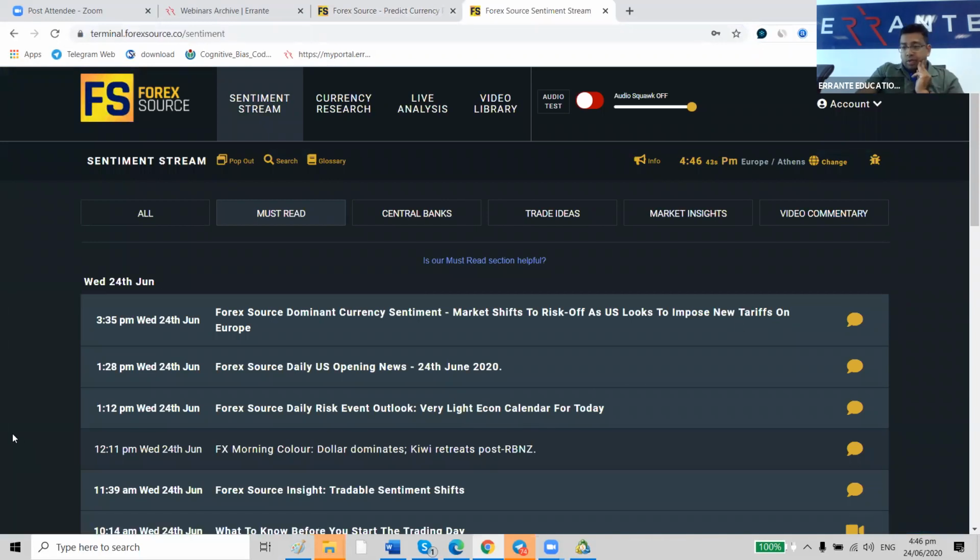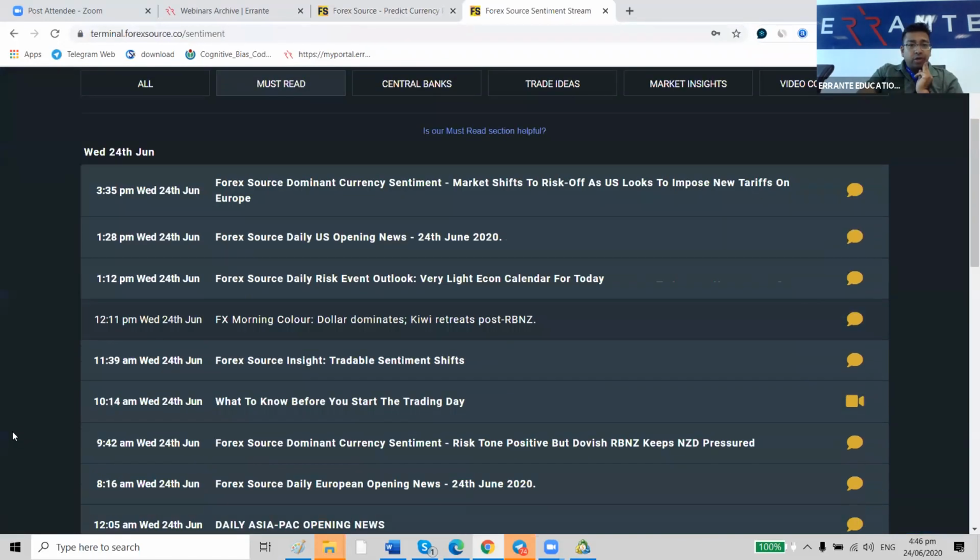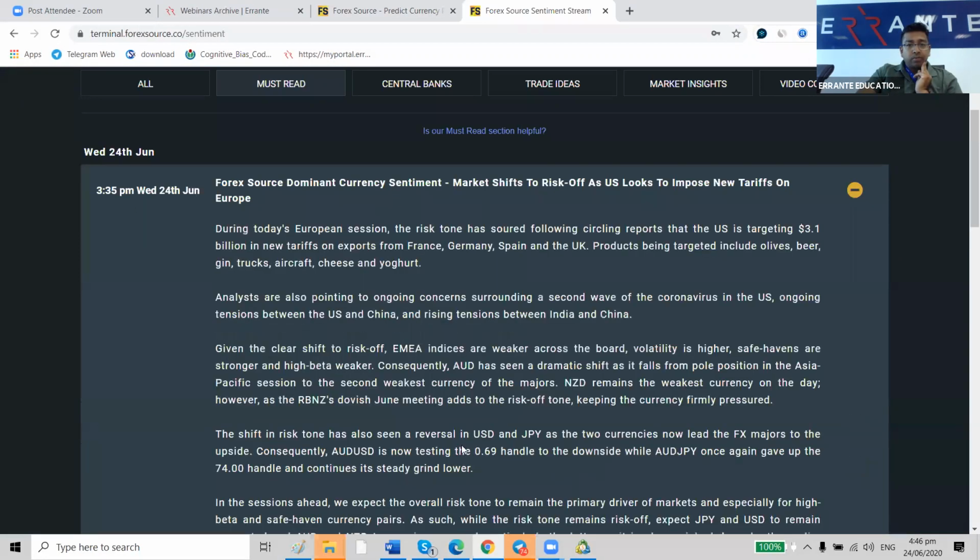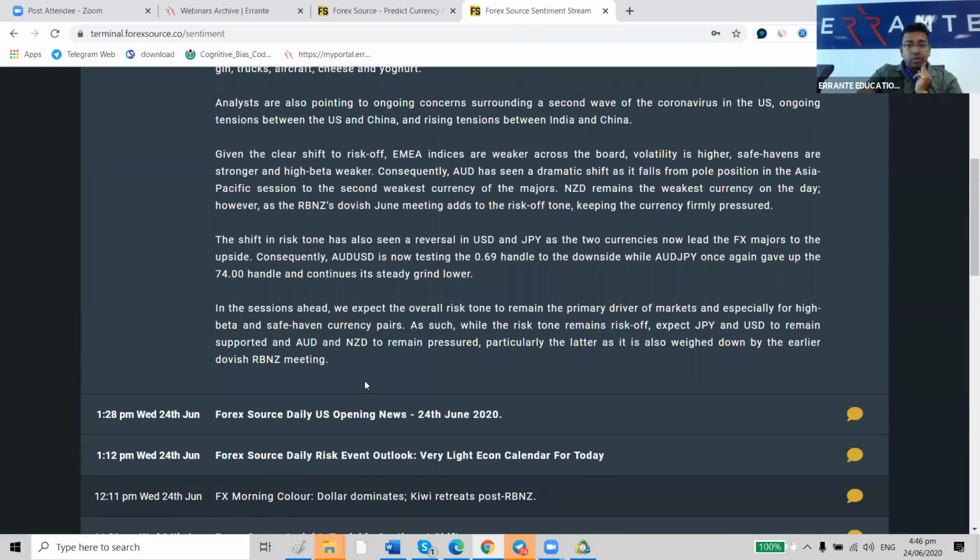Okay, we've got sentiment. The market is expecting more trades surrounding JPY, USD, AUD, and NZD as well. We're looking at JPY, USD supported. AUD and NZD remain pressured as well.